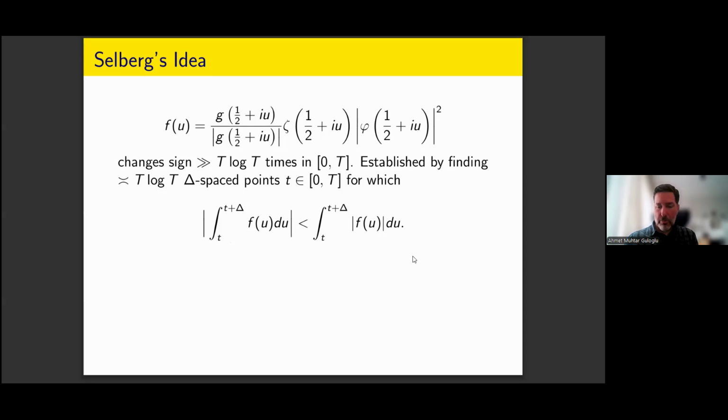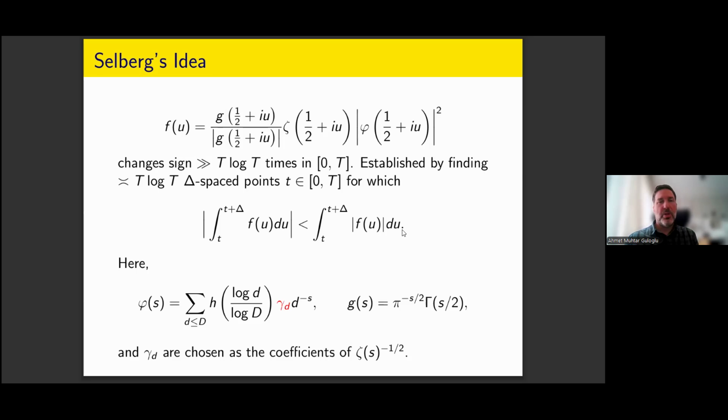All right. But what I want to say again here is that this function plays the role of the modifier, which should act like 1 over zeta so that it will cancel the effect of zeta. That was the idea of Selberg.